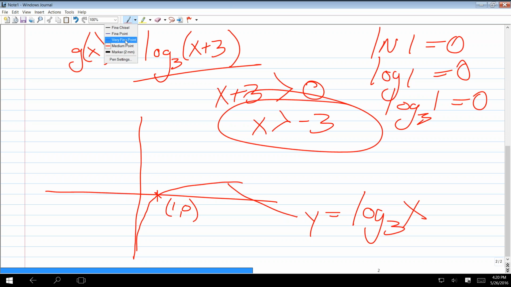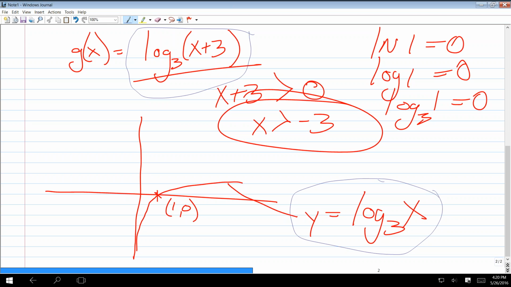Okay. What is the translation? If you remember from your translations and reflections, what's the difference between this one and this one? What does the top one have going on that's different? Plus 3. Okay, and what is that?